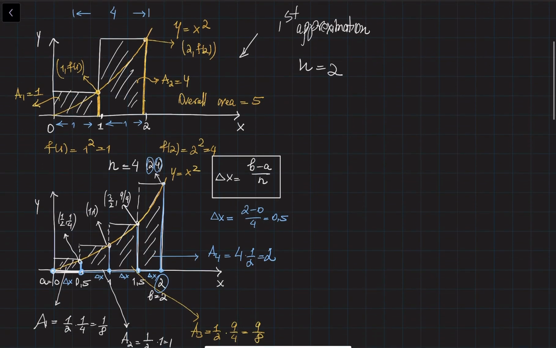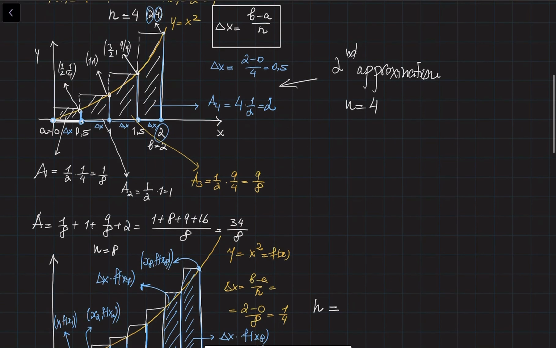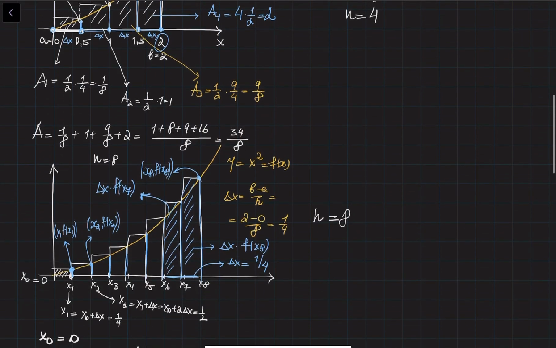And that was the second approximation, where the number of rectangles is equal to 4. Then we made an even better approximation when the number of rectangles is equal to 8, and so on. So you see, as we increase the number of rectangles, our approximation is becoming better and better.